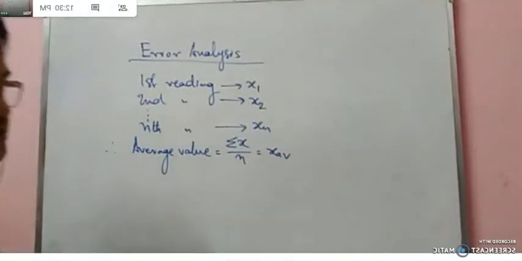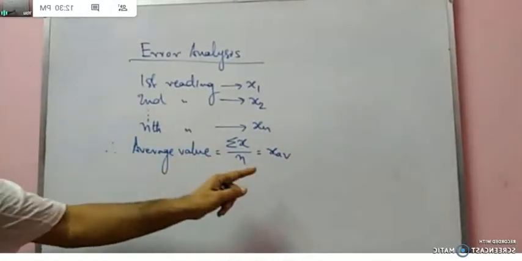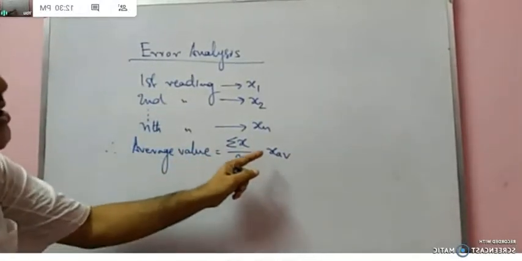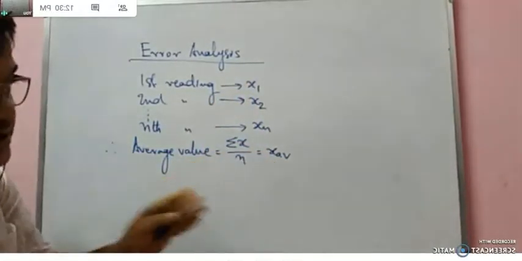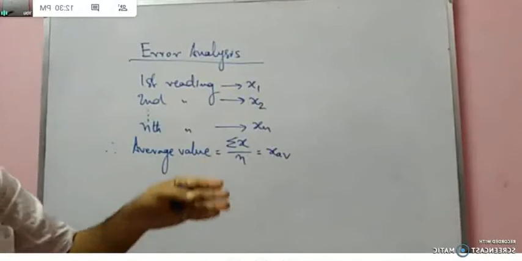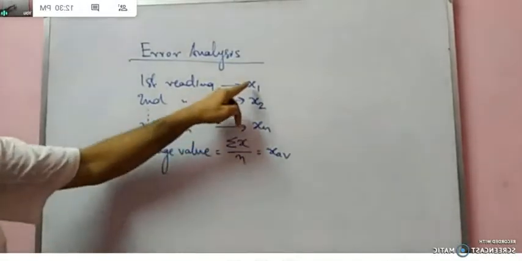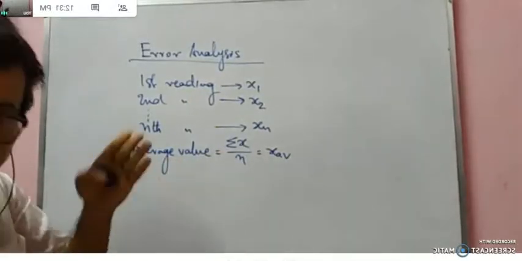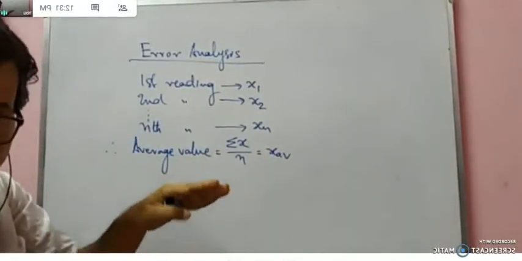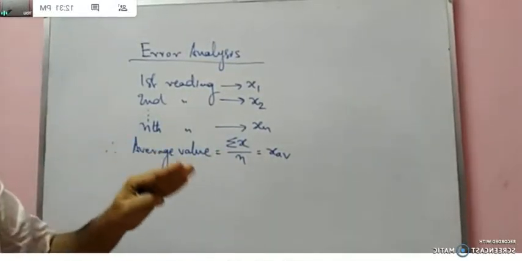Now we find the deviation of each reading with this average value. What is the deviation? The deviation may be positive. That means x1 maybe more than x average, maybe less than, maybe positive, maybe negative. So in that case, we have to take the mod value.